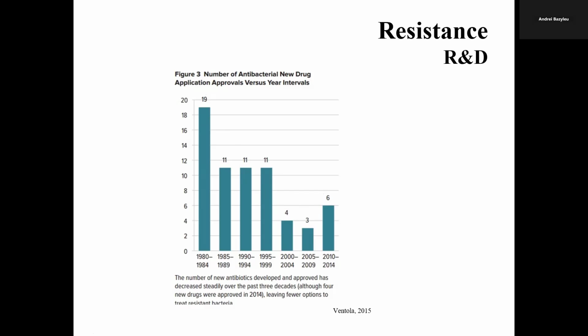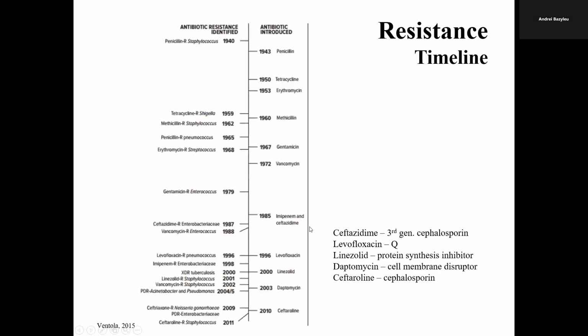There's not enough new drugs being made. There's not enough new classes of antibiotics being created. And again, for multiple reasons, for all these reasons that I just mentioned. In some cases, it is just impossible to come up with an effective new drug in a short period of time. So that was the trend, and still, it's not that much different these days.